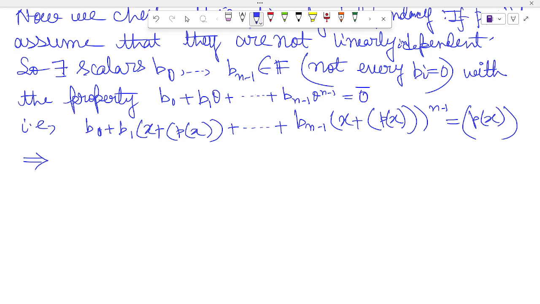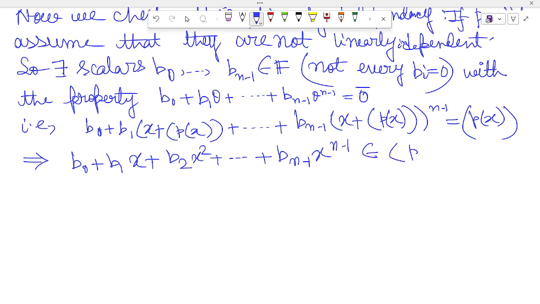So if you do the calculation, then we can show that V0 plus V1 x plus V2 x square plus ... plus Vn minus 1 x to the power n minus 1 belongs to the ideal generated by Px.